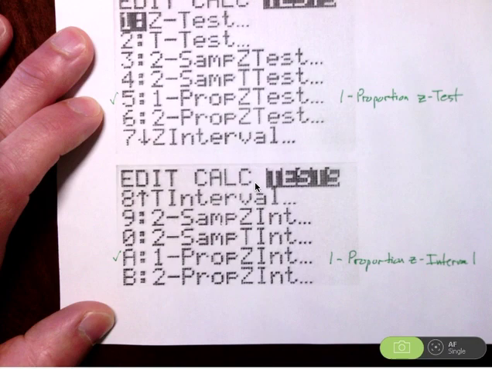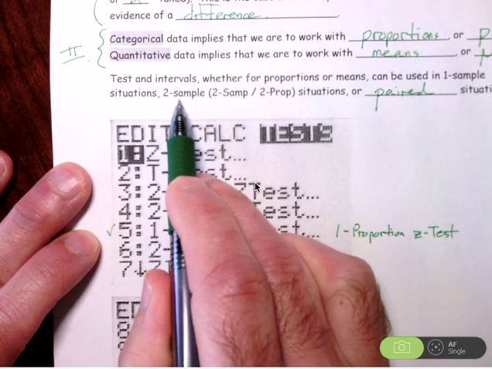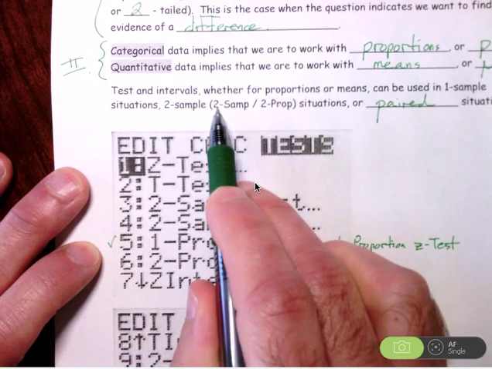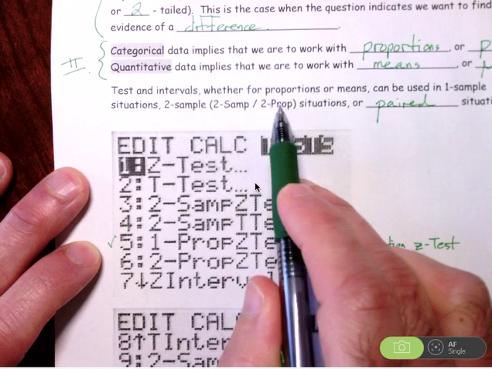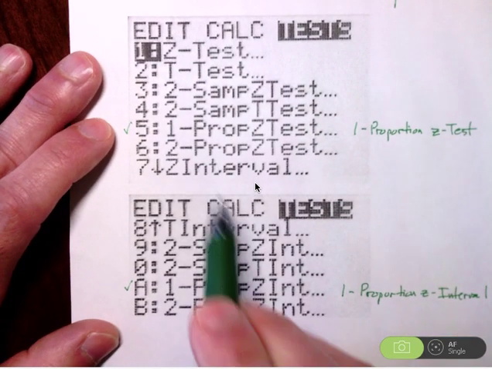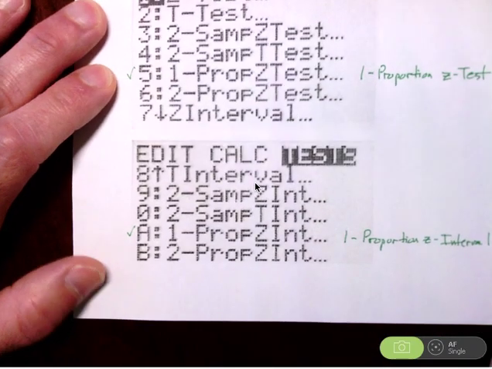So, bottom line then, if you're working in two sample situations, but the samples involve categorical data, we don't call that a two sample situation, we call that a two proportion situation. So you can see then the corresponding two proportion Z test or a two proportion Z interval.